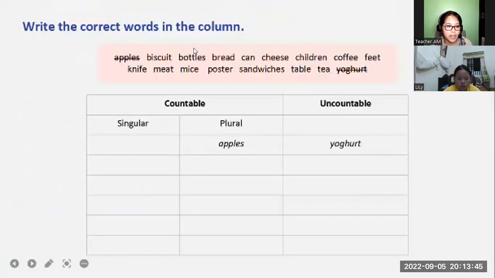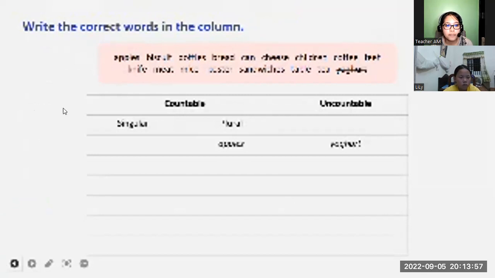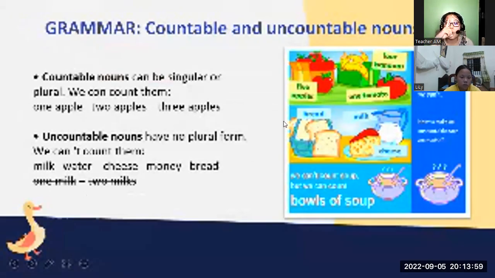So now, Lily, I want you to write here all the words that belong to countable nouns. We have singular and plural. When you say singular, that means it's only one. Just like tomato. Look at the tomato. How many tomato are there?